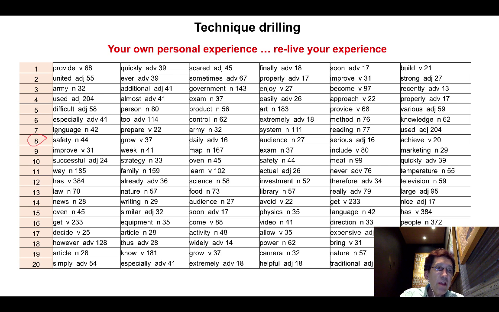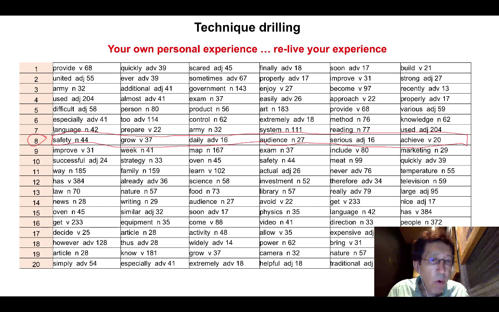Now you select one keyword, you focus mainly on your story, and then after about 1 to 2 minutes of speaking about your story, you try to use the remaining words. You're not required to use all of them, but use most of them if you can. All right?